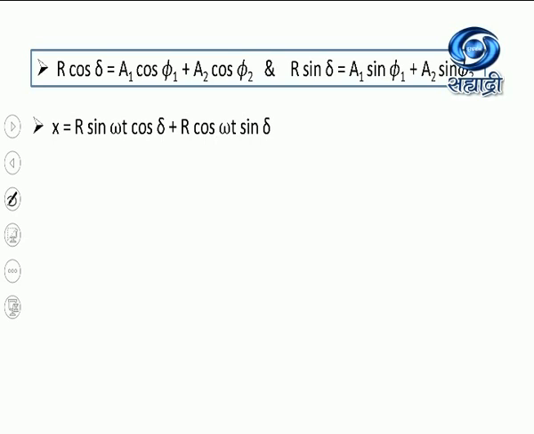Here, if r is taken common, we have sin omega t cos delta plus cos omega t sin delta. If the same trigonometric identity is used in the opposite manner, we get the final expression for the resultant displacement x, which is r sin(omega t plus delta).